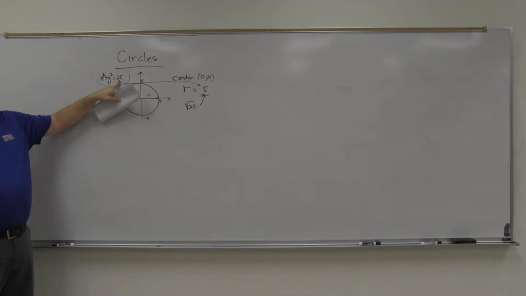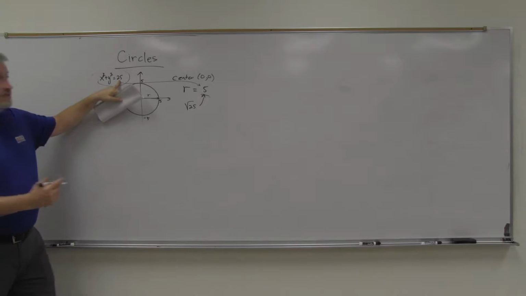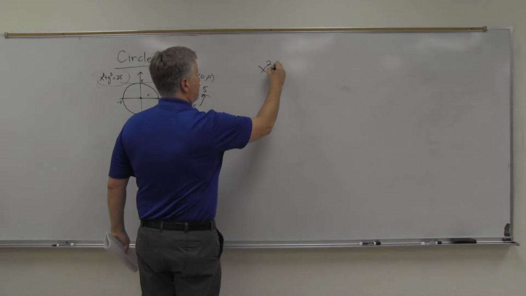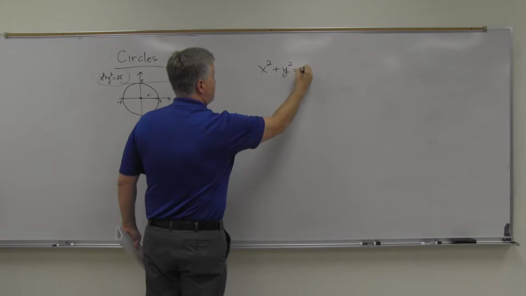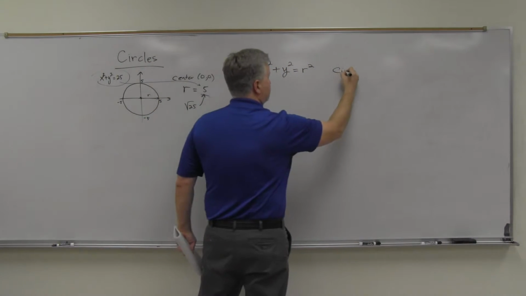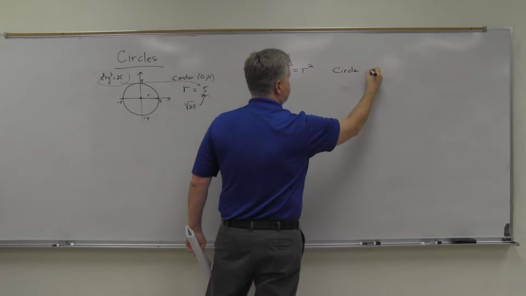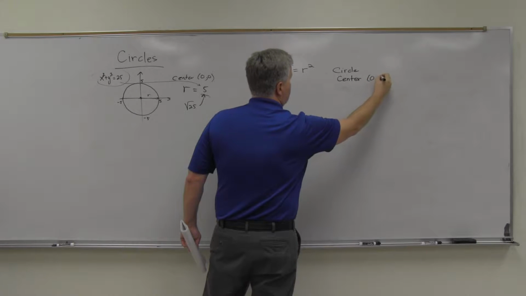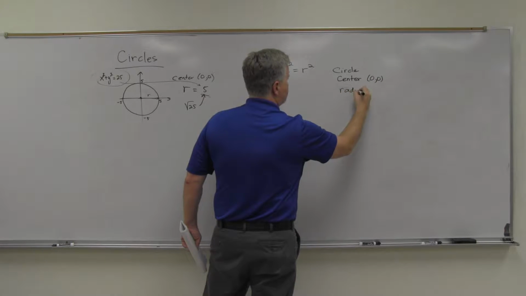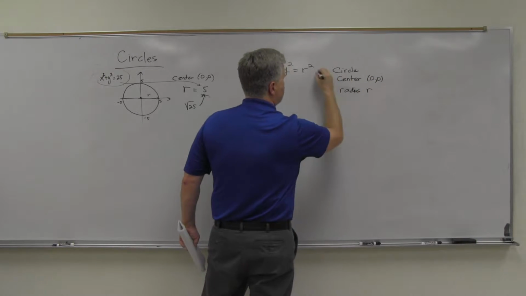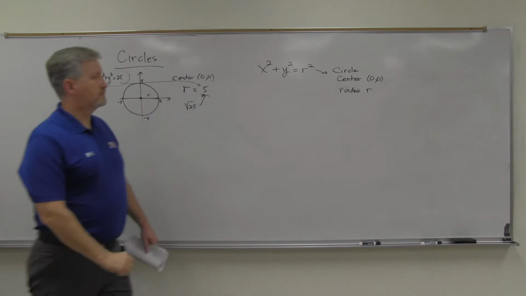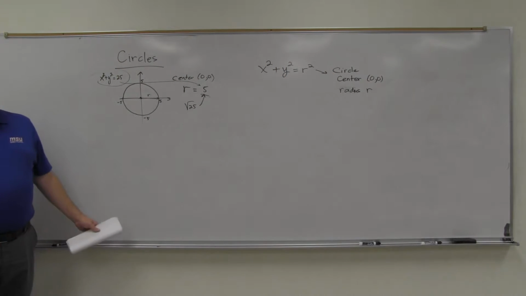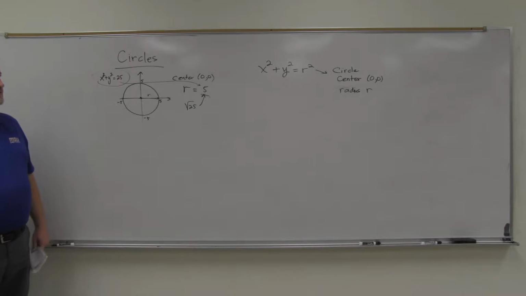And so for these circles that are centered at 0, 0, they typically write it in general: x squared plus y squared equals r squared. That's a circle. Center is 0, 0. Radius r. R squared, so square root that, you got your radius.